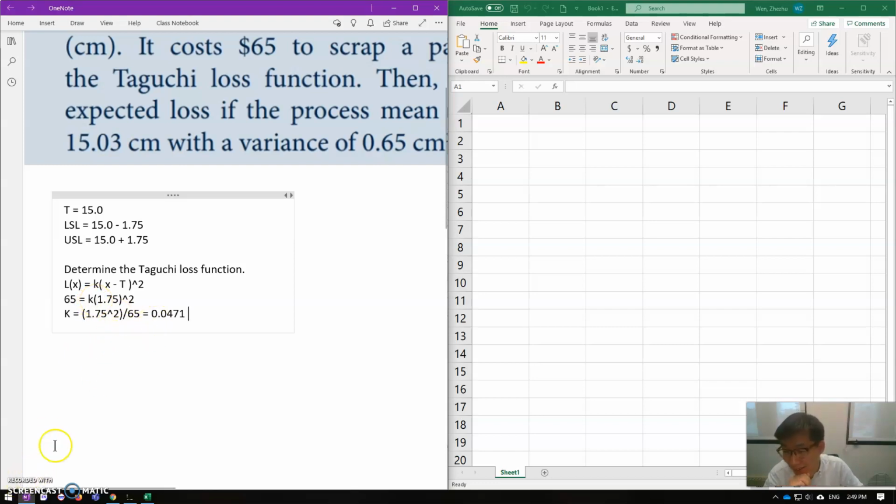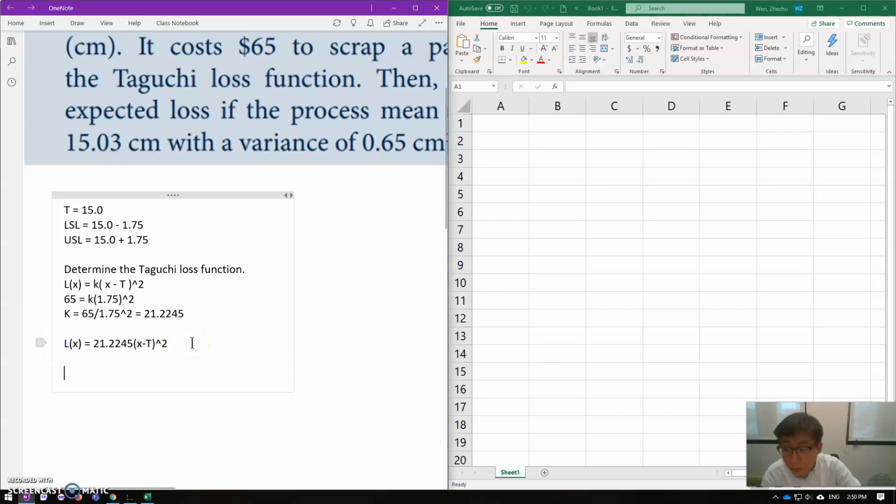I'm sorry. I should say 65 divided by 1.75 squared. So it's 21.2245. So your Taguchi loss function can be written as, for any dimension x, L(x) is equal to 21.2245 times (x minus t) squared. Okay, this is your Taguchi loss function.